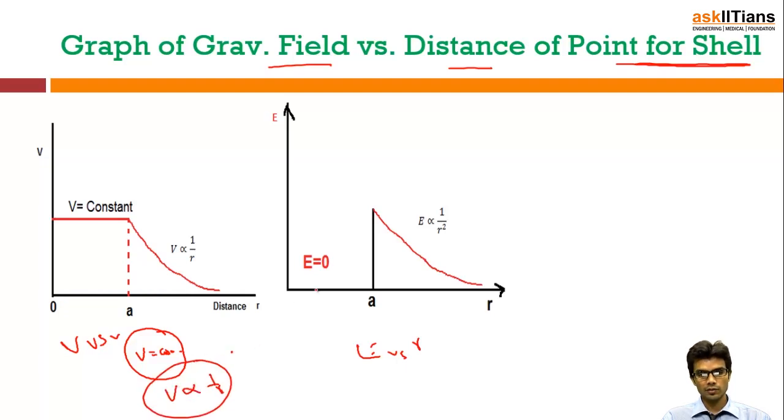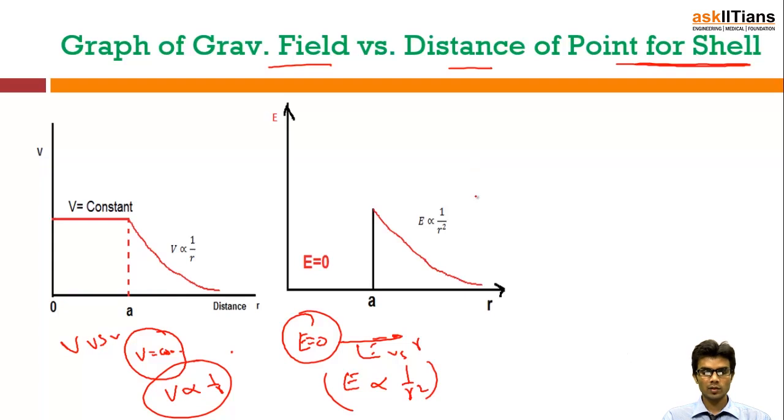For gravitational field, E inside is equal to 0, and for an outside point, E is inversely proportional to r square. For the shell, gravitational potential versus distance is a continuous graph, and gravitational field versus distance is a discontinuous graph.